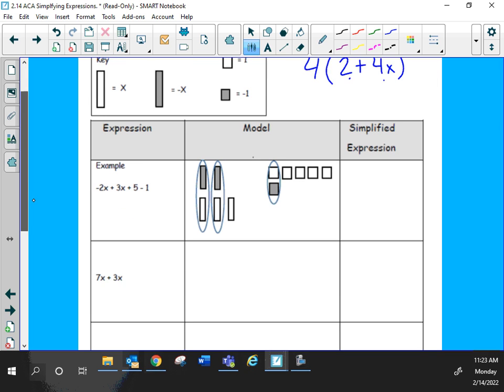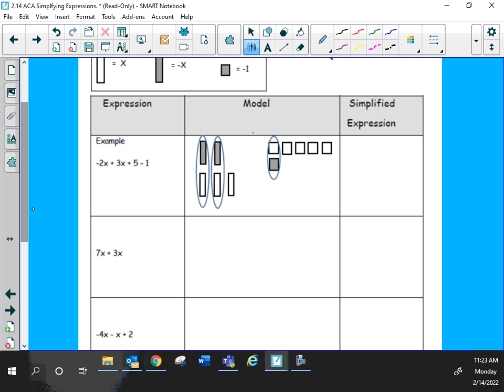So we're given the expression negative 2x plus 3x plus 5 minus 1. They modeled negative 2x as those two shaded rectangles, and 3x are the positive, the white ones. Because the constants don't have an x, they use the tiny little cubes.